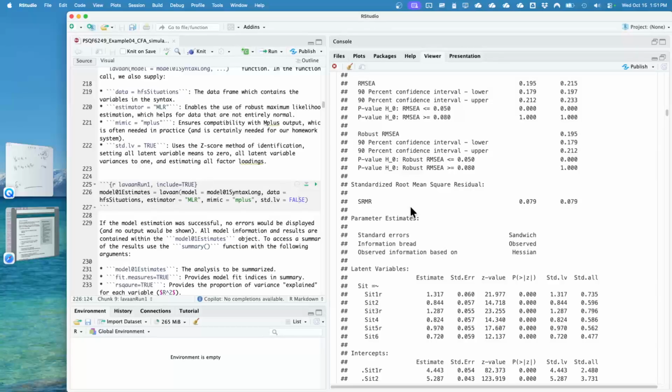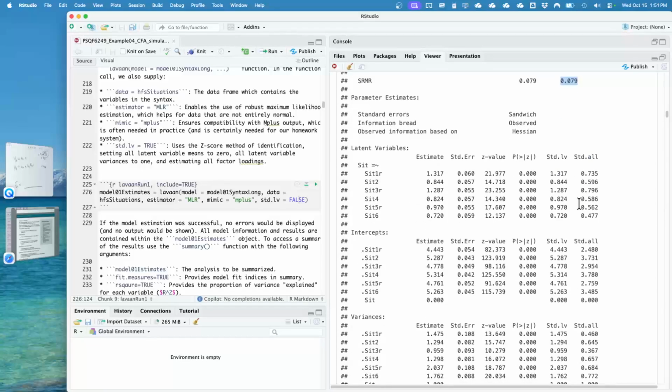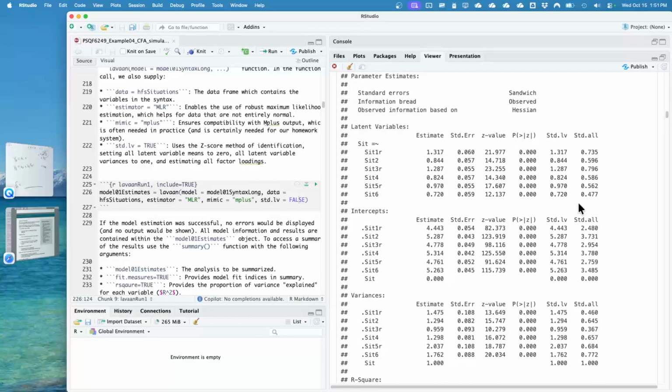Okay. Finally, what we found so far is that this model doesn't fit by the likelihood ratio test. The independence model likelihood ratio test shows there's some correlation in the data, so we know there are factors that may be here. It doesn't fit by CFI. It doesn't fit by TLI. It doesn't fit by RMSEA. The SRMR of 0.079, again, I don't care about that one.